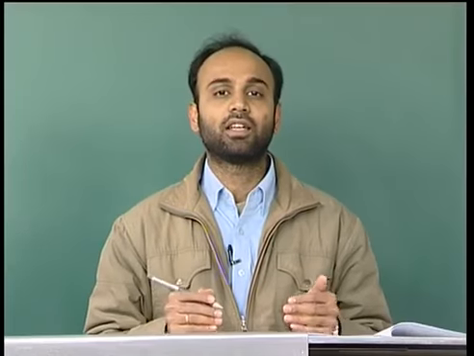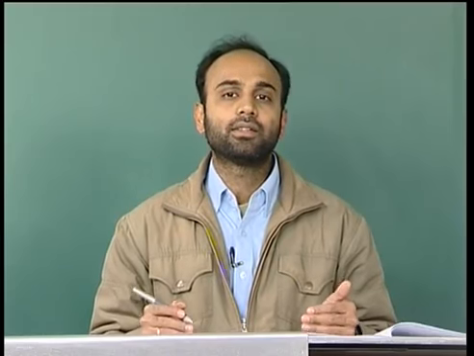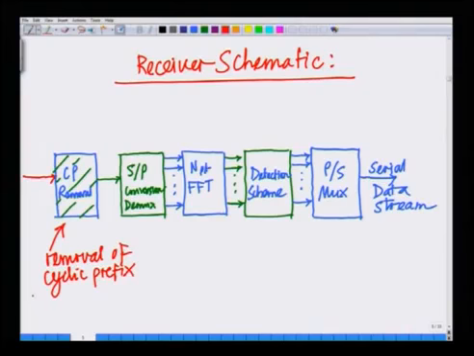Remember, the cyclic prefix is the initial part of the symbol. This is subjected to intersymbol interference, hence we remove the cyclic prefix. And then this other new block is the detection scheme.